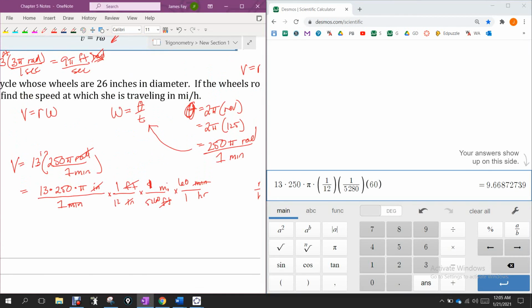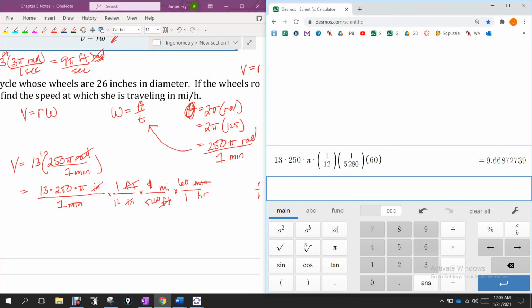Now, if you left it as inches per minute, so this 13 times 250 times pi, that's inches per minute. But these are both rates.